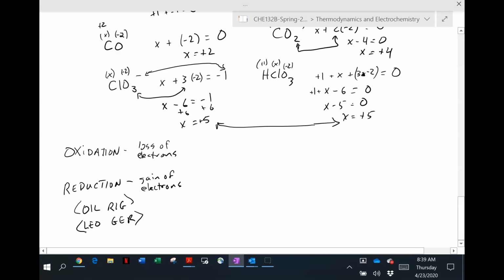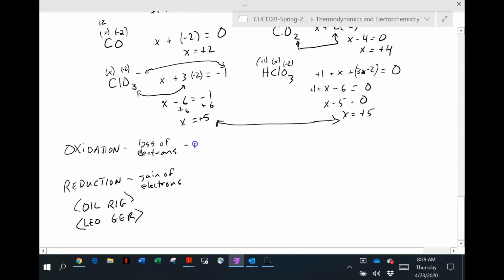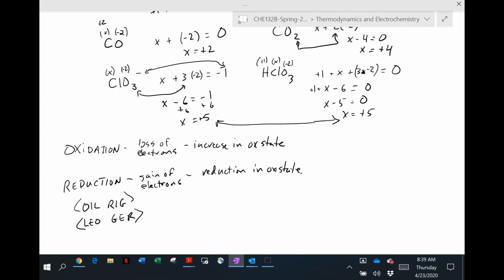The other way to think about it: oxidation is an increase in the oxidation state. Reduction is a reduction in the oxidation state. That's the way I tended to think of it for many years, and that works pretty well too.